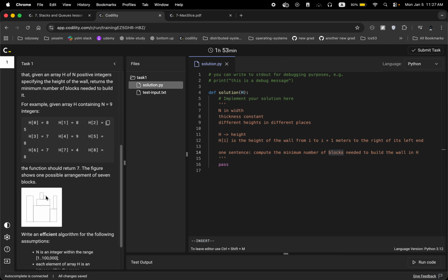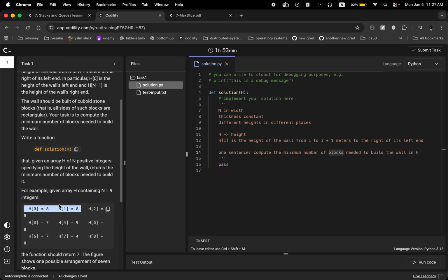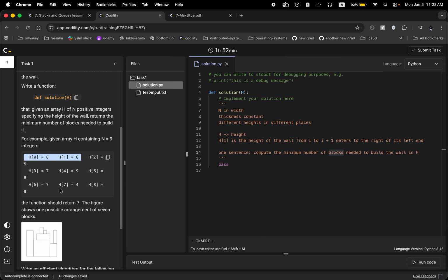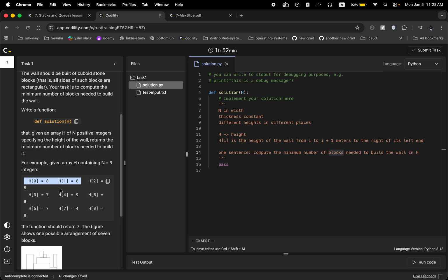So what I did, I just used rectangles to describe the heights, but I guess if we just use one rectangle for this one. Write an efficient algorithm. Okay, so we're supposed to find the minimum number of blocks needed to build the heights.